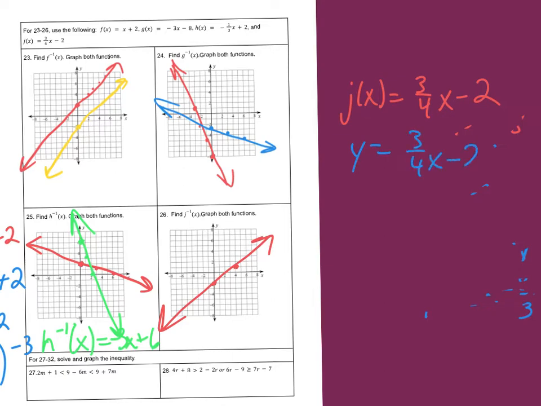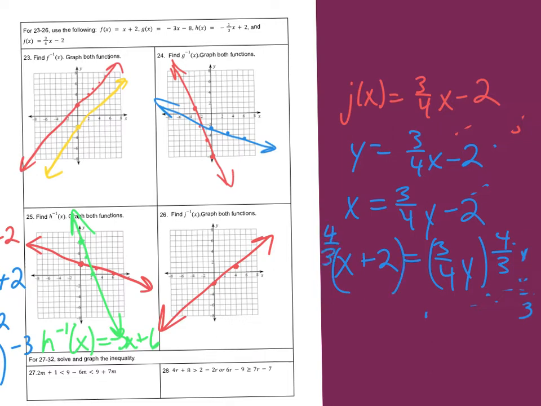Swap your x and y. Add the 2 over, and then I'm going to multiply by 4/3 on both sides. So that's the reciprocal, that's going to get rid of that 3/4. And when I do that, I get y equals 4/3 x plus 8/3, which is the same thing as just j inverse of x equals 4/3 x plus 8/3.